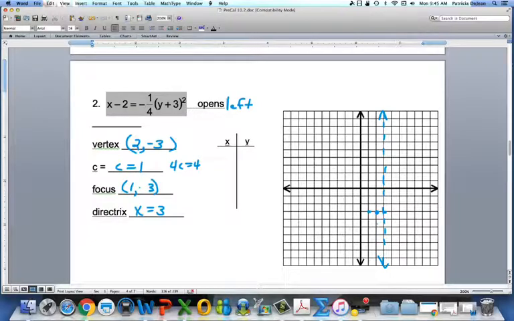Two points that are on the parabola, the other 2 points are going to be 2 times a, or 2 spaces away from the focus, up and down. So that will be at 1, negative 1, and at 1, negative 5. And then we draw in our parabola.